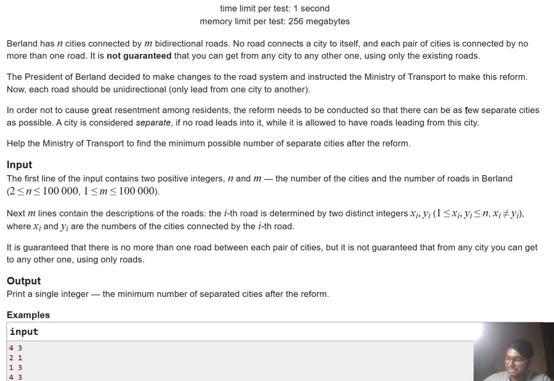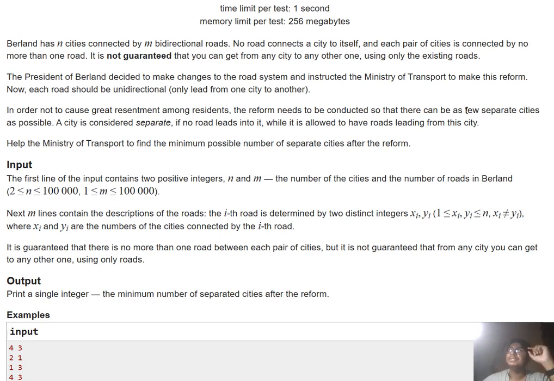Okay, so we need to minimize the separate cities. Now, what city is considered separate? The city is considered separate if no roads lead into it, while it is allowed to have roads leading from this city.